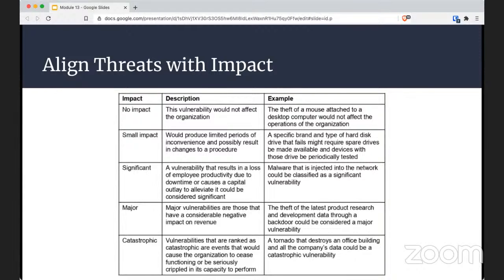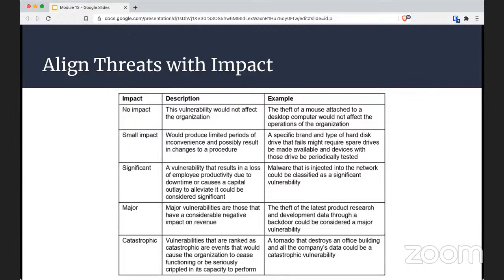Is that no impact because it wouldn't really affect the organization? Or is it catastrophic? You want to be specific. You want to use common things like colors, like green, yellow, and red. You want to be very clear and very simple when you talk about the impact of the threat on the asset.